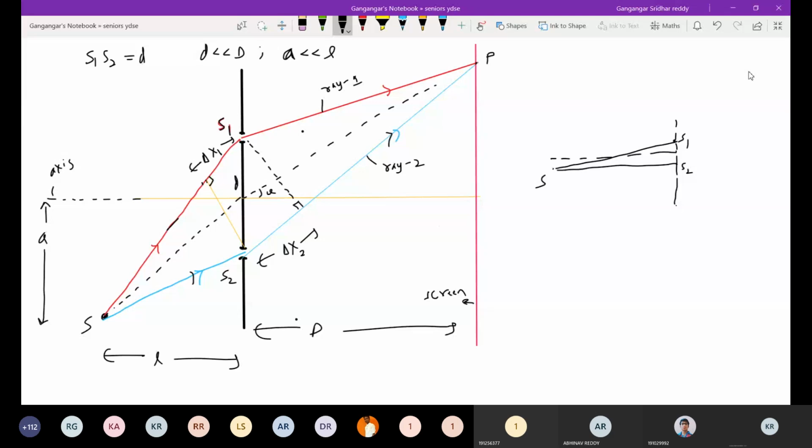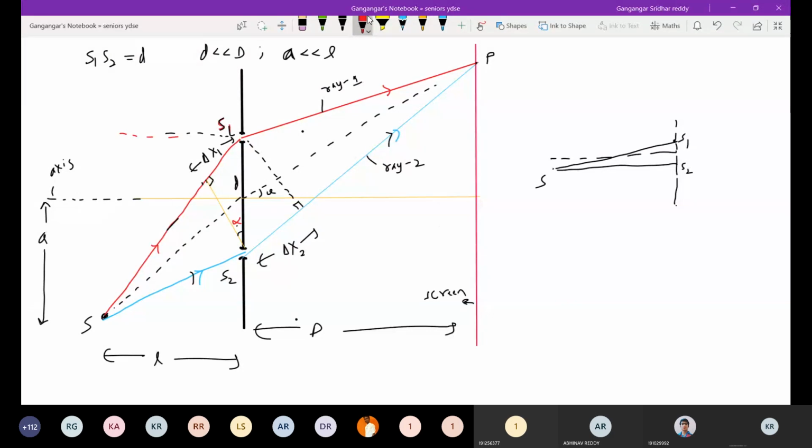Okay, how to derive that formula? I'll take help of this. The angle made by the ray here, let me call that phi. This will be 90 minus phi. This will be phi. Or I'll take alpha, and use some color. Let it be alpha. This angle will be alpha.